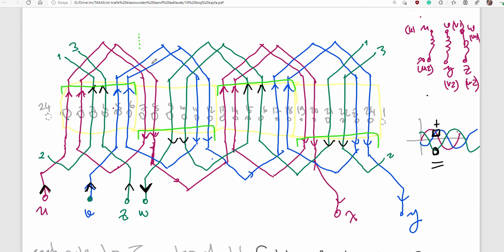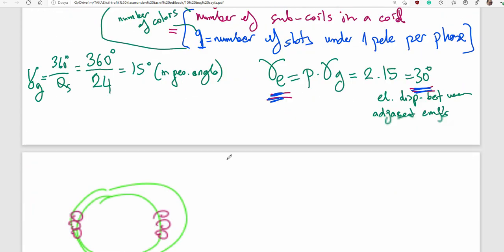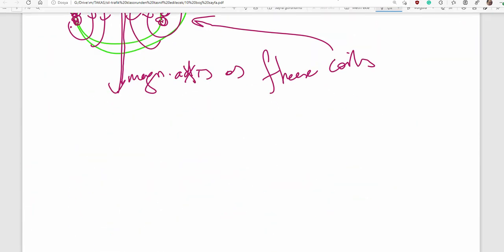In brief, the magnetic axis of the coil, one is here, the other is here, between the current changes. The other is here, and the other is here. Those are the magnetic axes of those coils. But someone can also say that.